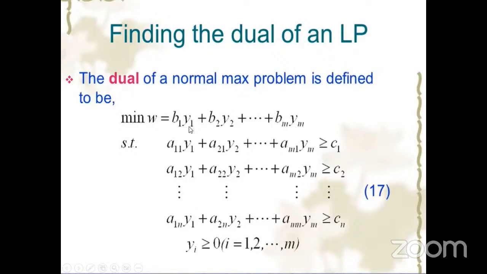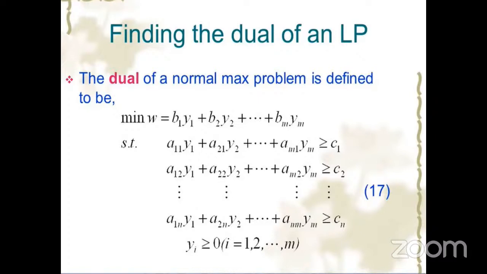So x becomes y, z becomes w. The coefficients are the same, subject to a11 y1 plus a21 y2 and so on, greater than or equal to c1. In the maximization case it was less than or equal to; in the minimization it becomes greater than or equal to. That means the total primal problem is converted into a dual problem that is totally the reverse of the primal problem.